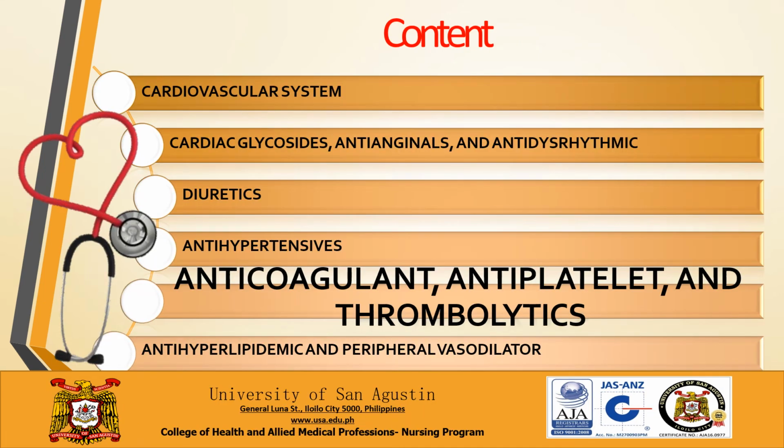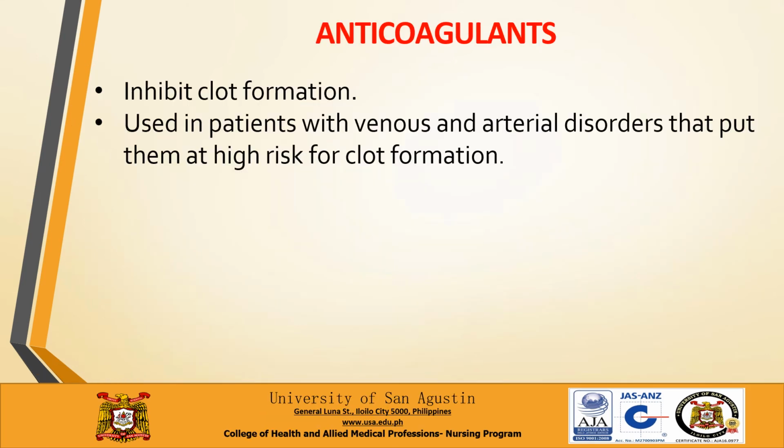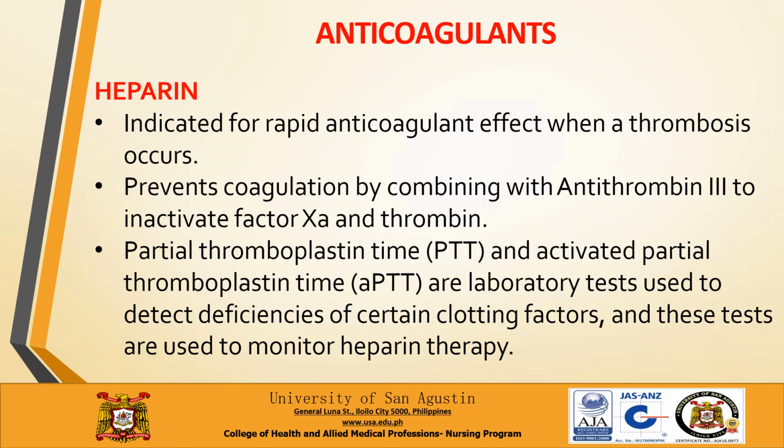Okay, so let's proceed with the anticoagulant, antiplatelet, and thrombolytics. When we say anticoagulant, it inhibits clot formation. Usually, it is used for patients with venous and arterial disorders that put them at risk for clot formation. The very common anticoagulant is your heparin. Always remember, guys, that if we are giving heparin therapy, we have to monitor the PTT and the APTT.